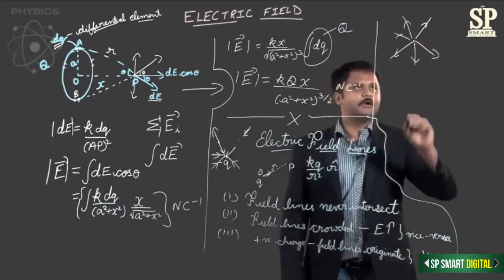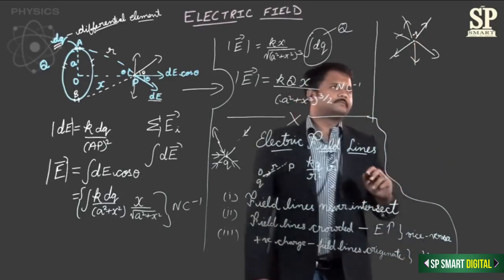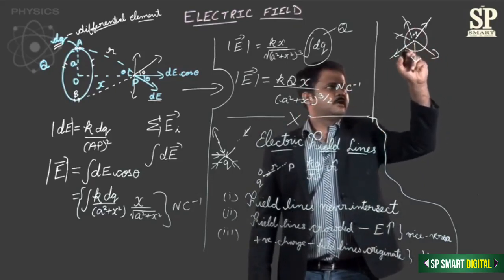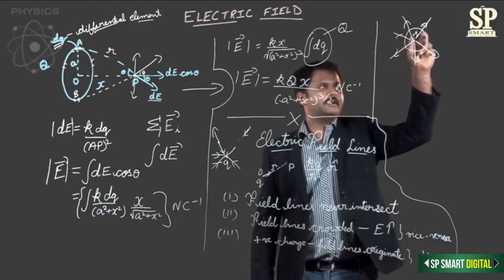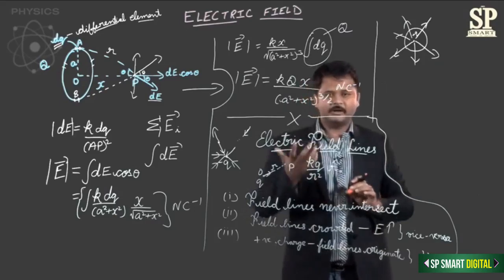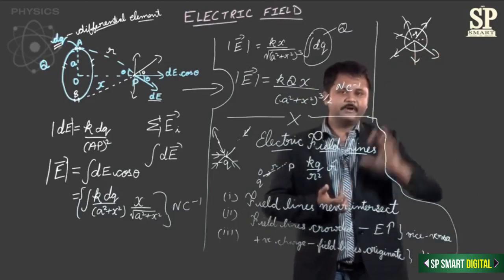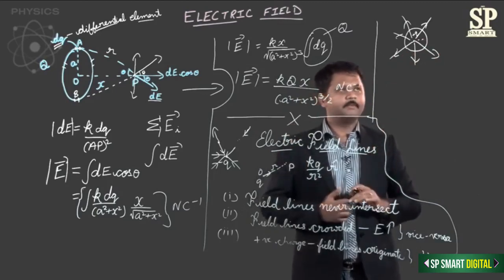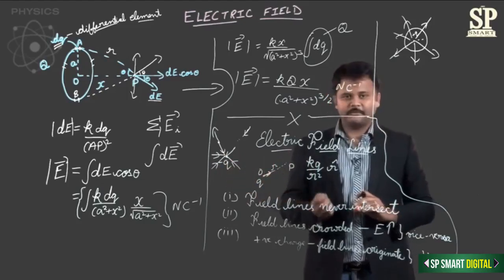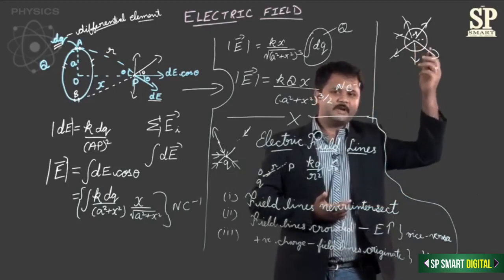And the other thing that you will note, let's say this is plus Q, then if you go to this point or this point, whatever point, the density or crowdedness of these electric field lines, if we define a radius r and take a sphere around it, will remain the same. It means that the formula kq by r square, which gives you the constant value for a fixed value of r, for that the electric field line density remains the same.